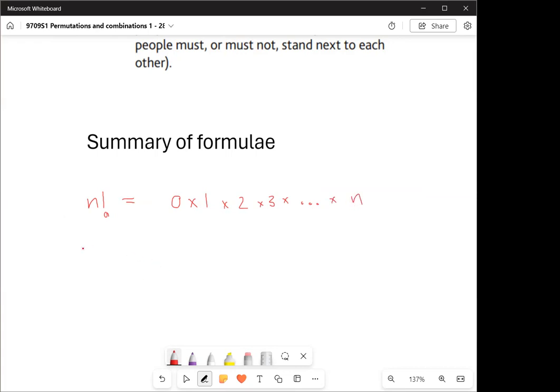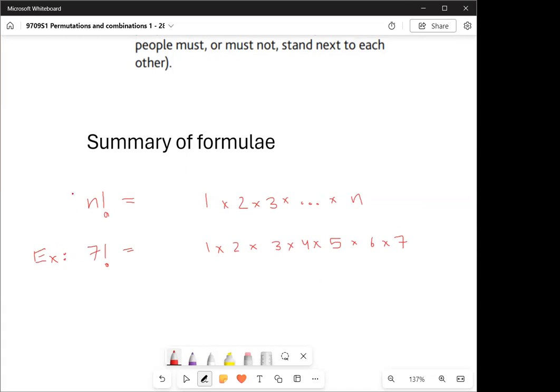So, for example, if I have 7 factorial, what would that be? 5,040, which is 1 times... 0 times anything would be 0, so there's no 0, because then every factorial would become 0. We start from 1 and go until n.